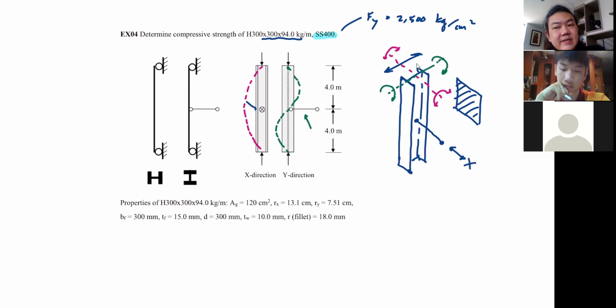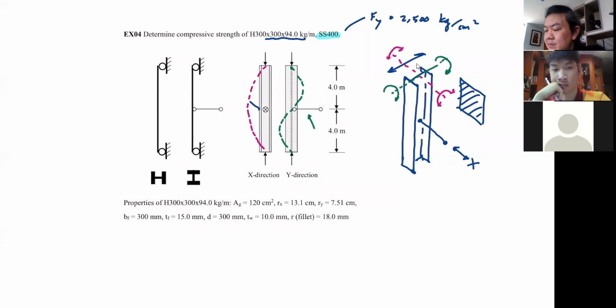I don't remember the exact number, but it says that this member must be able to take only 2% of the compression in the compression member itself. So 2% of that will be enough to work as a brace. So it's not a lot. That means you can almost put any member in there, and it should be able to help you prevent the lateral movement at that particular point. Okay, so any question regarding this?